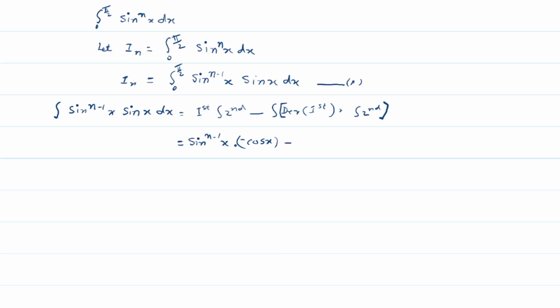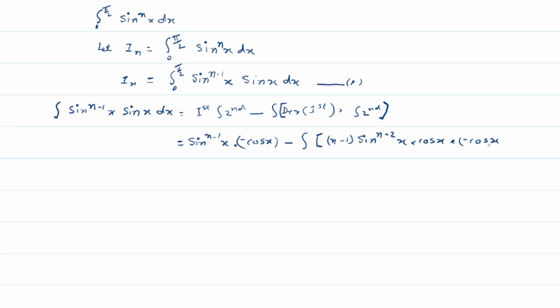Then minus the integral of, in a closed bracket, the derivative of the first, which is n minus 1 sine raised to n minus 2 x. It is a function of a function, so we have to multiply by the derivative of sin x, which is cos x. Then the integral of the second is minus cos x.